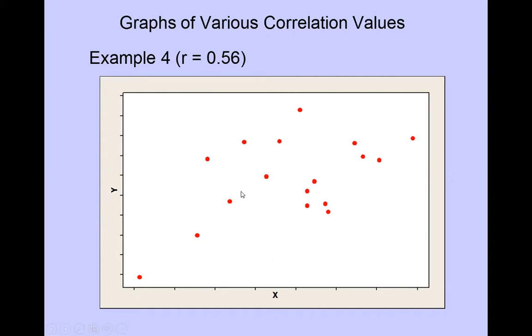It needs to be closer to 1 than 0, but there's a lot of scattering off of where that line might be going through the center of the data. So as a result, it's not going to be real close to 1, and it turns out to be about 0.56, and that is positive because there's an increasing or a positive slope for the data.